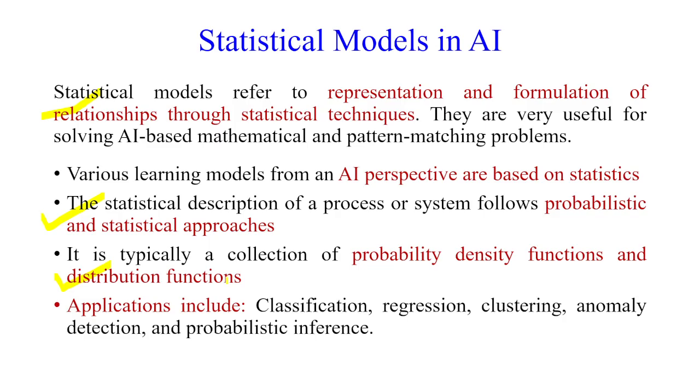What will be the price of this particular house? Clustering: grouping similar items together, like segmenting customers based on their behavior. Anomaly detection: identifying unusual patterns like fraud detection. Probabilistic inference: we are trying to draw conclusions from incomplete data.